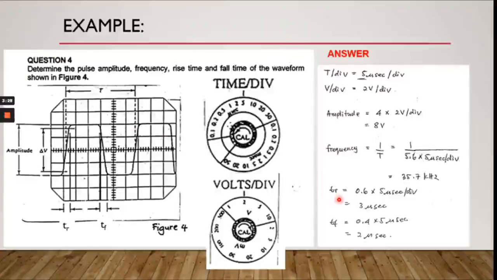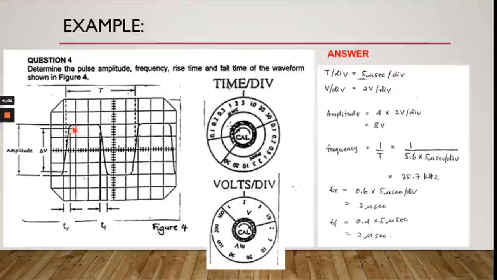Now recall that the rise time is the time it takes for the waveform to rise from 10% up to 90%, which is here represented by delta V. This is the rise time, and consequently when it drops from 90% to 10%, that is the fall time. So basically delta V here represents both the rise time TR and the fall time TF.